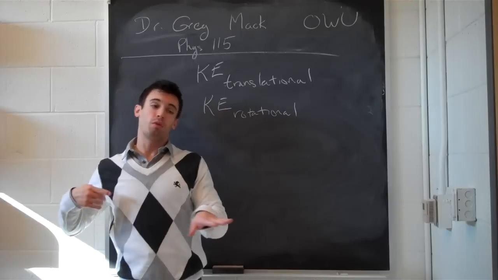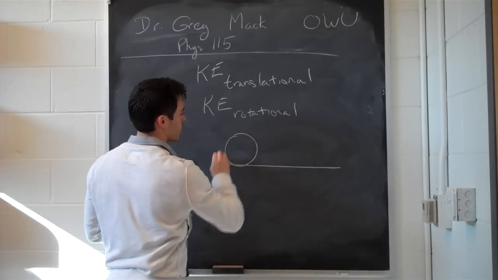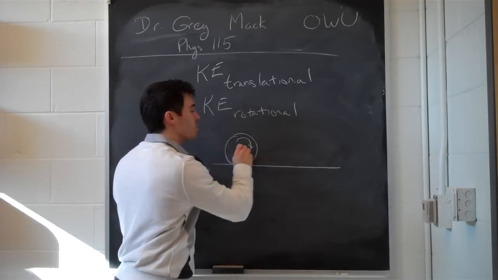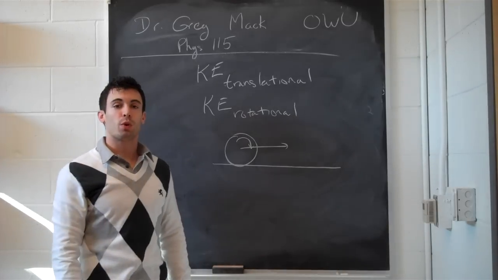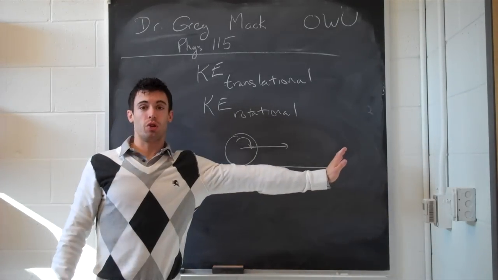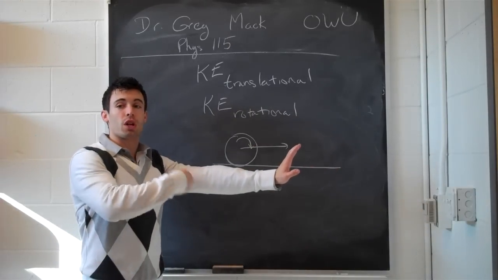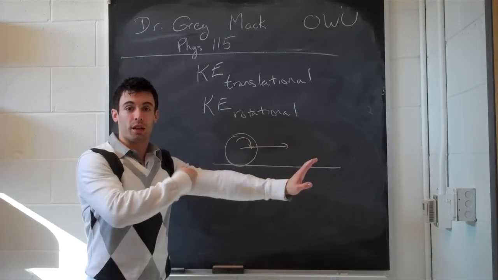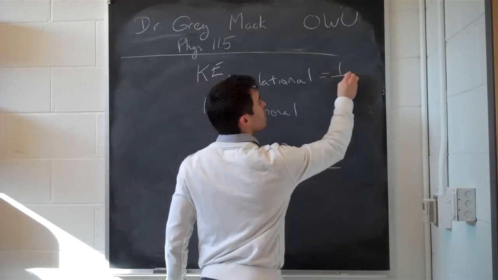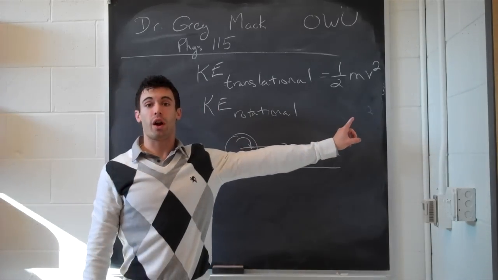So a ball that's moving across the floor has a rolling motion associated with it, and also the fact that it's moving this way. So it has two different types of energy. It has the translational, that overall is making it go to the right, and it has the energy associated with it rolling, with it rotating like this. And the translational, as we know well by now, is 1/2 mv squared.